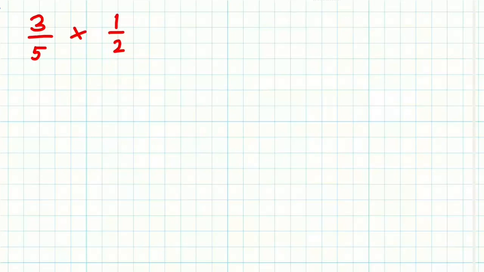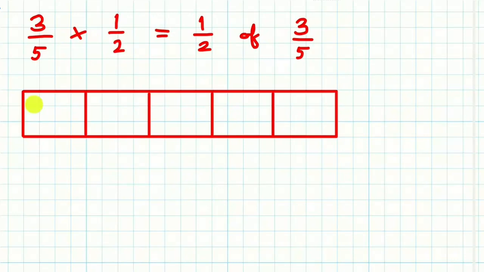Well, 3/5 times a half, and we'll think of that as a half of 3/5. So we'll start with the 3/5. So imagine that long rectangle is 1, and we take 3/5 of it. So imagine that's a block of cheese. We've got 3/5 of the block of cheese. We're going to share it between 2 mice.